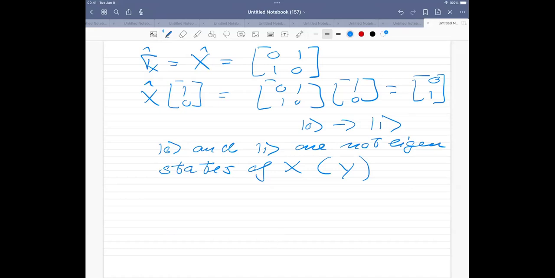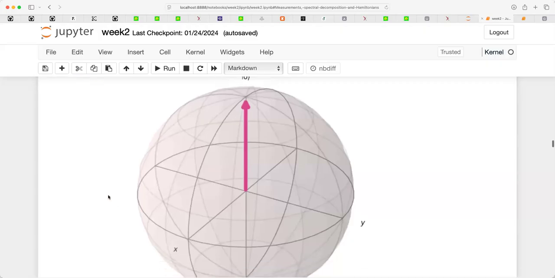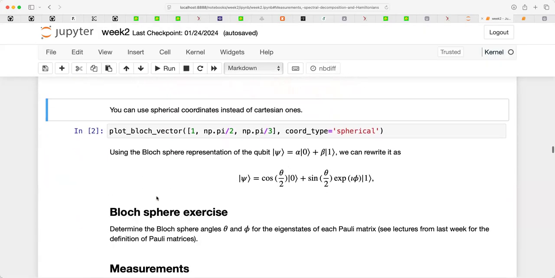So the general mathematical representation of that is something which we are going to write as. If we look at the mathematical expression here, this is pretty general, and you can use it to define a 1-qubit state on the Bloch sphere. As you can see in one of the exercises, I ask you to find the Bloch sphere angles theta and phi for the eigenstates of each Pauli matrix.